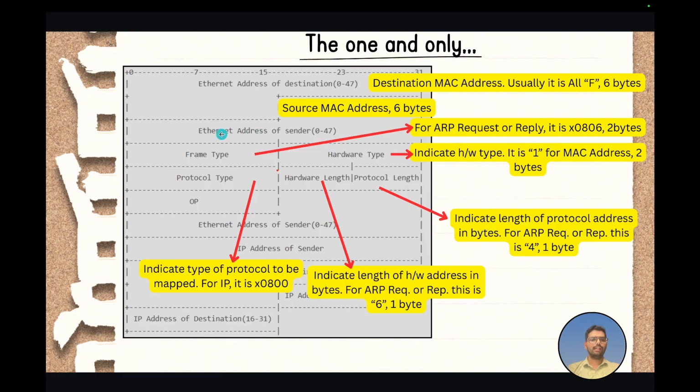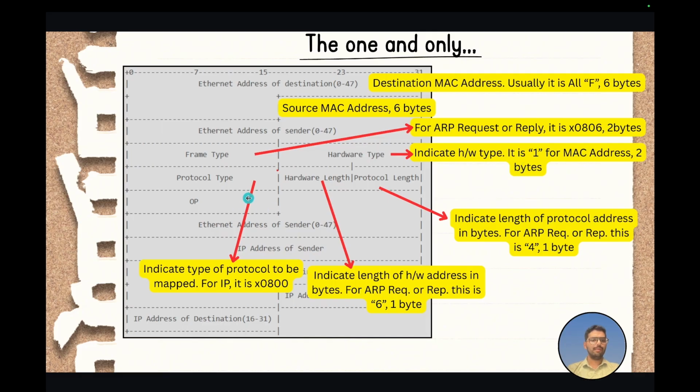Next is the Ethernet address of sender, meaning the source MAC address, which is also 6 bytes. Frame type: for ARP request or reply, it is set to 0806, a hexadecimal value, and the length of this field is 2 bytes. Hardware type indicates what type of address we want; it is 1 for MAC address, and the length is 2 bytes.